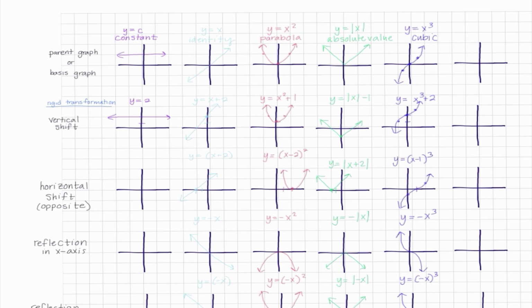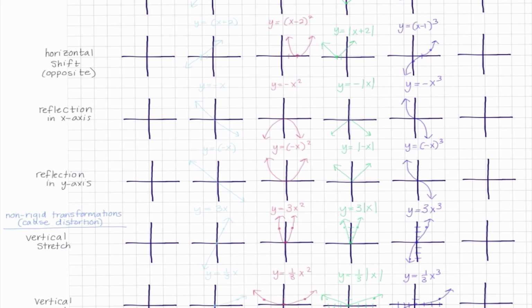So once again, here's just a quick overview of everything we've seen so far before we go through our last parent function. Here are all the parent functions we need to know. Vertical shifts occur on all of them when we add or subtract a number outside the function. Horizontal shifts happen when we change the number inside the function.